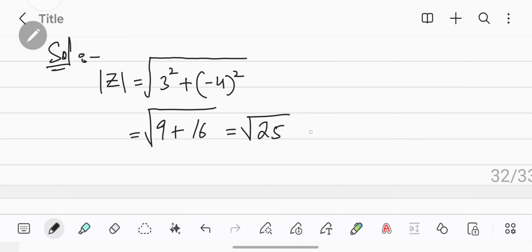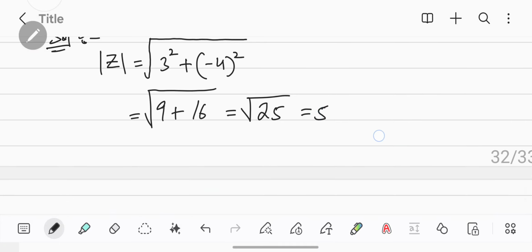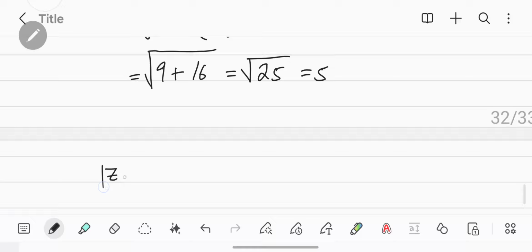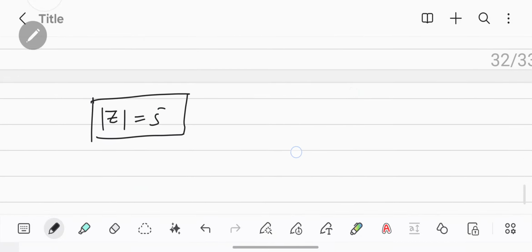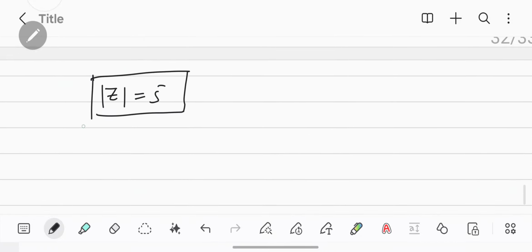Since the square root of 25 is just 5, the modulus of z is equal to 5. Now we will find the argument of z.